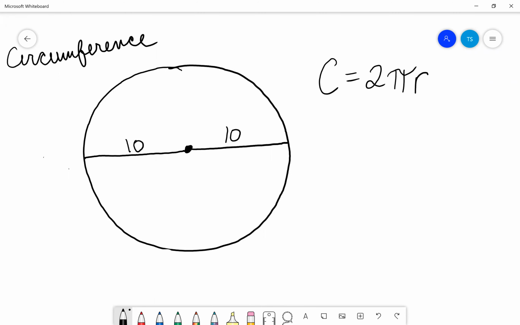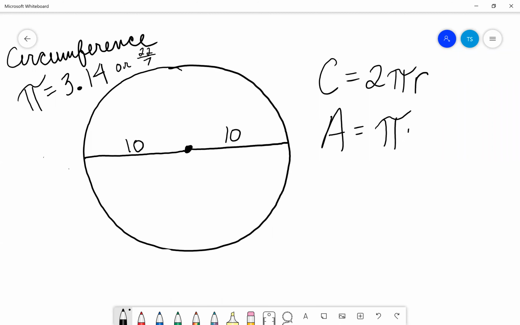Pi is approximately 3.14, or 22/7. The area of a circle is pi times the radius squared.